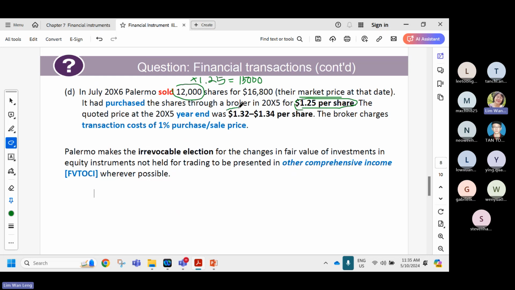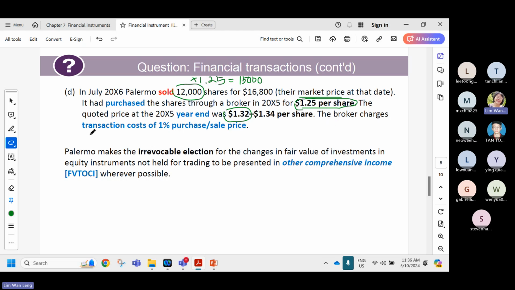And of course, we are going to take the lower boundary, because we are very conservative. So they tell you, you bought at 1.25. You measure at year end 20X5. Last year, it was 1.32. So we think that actually it has gone up already.